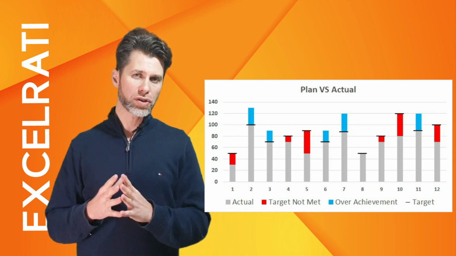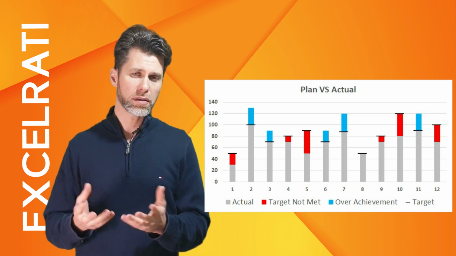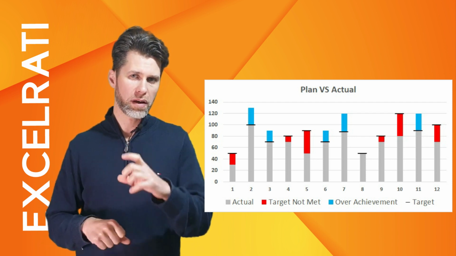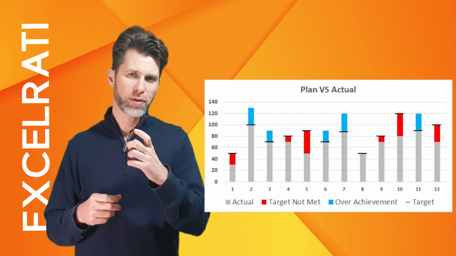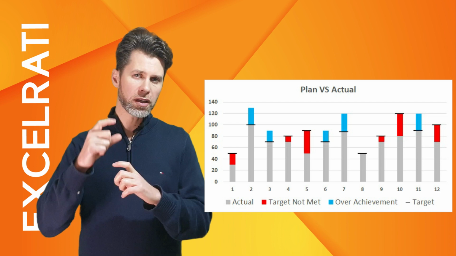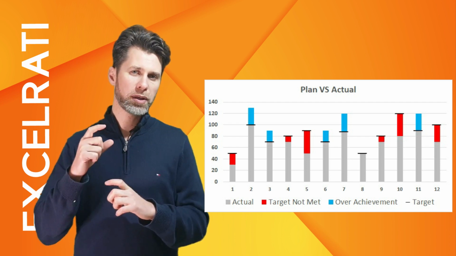If the actual was lower than the target, then we show the actual as is, at the number it reached, and the remaining portion, the part that we were behind the plan, will be in red.